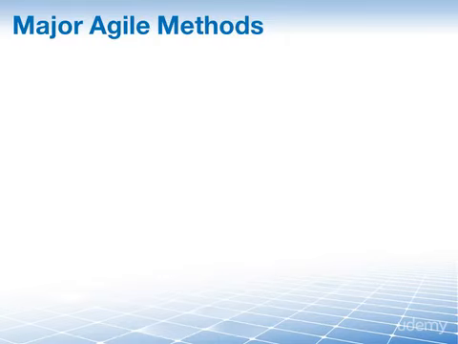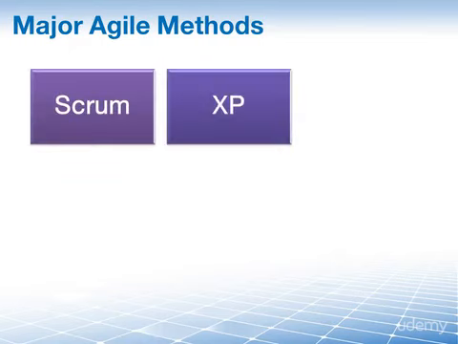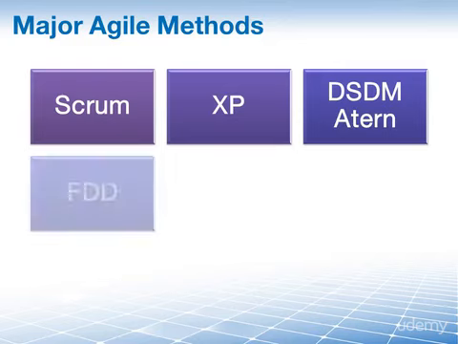There are many Agile methods, but the following 8 methods here represent the majority of ways that today's organizations implement Agile on their projects, and they include Scrum, Extreme Programming or XP, the Dynamic Systems Development Method or DSDM, of which the latest is DSDM Atern. We also have Feature-Driven Development, FDD.